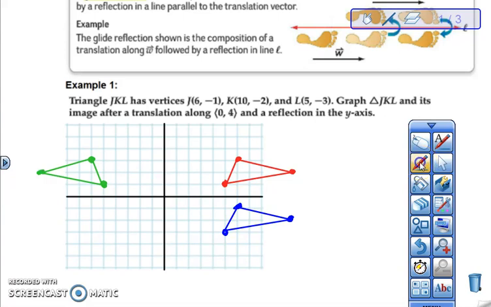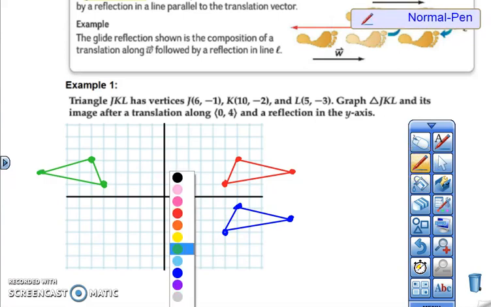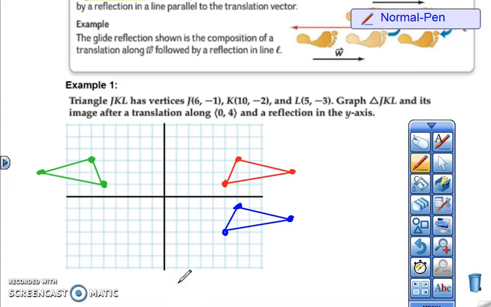So if we are labeling our points, we know that we started with J. J was over here. K was over here. L was over here. And then our final image was after both transformations. So the green triangle is going to represent our image.